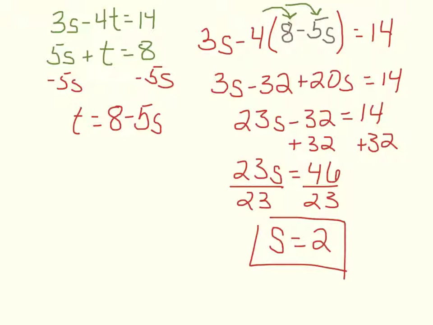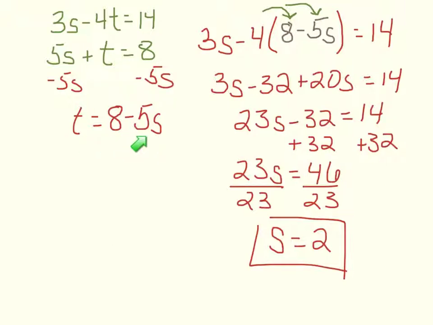The final step that you're really going to do here, because we do need to solve for both variables. We have already solved for s. We're going to come back to any of the original equations and substitute s in and then solve for t. Now I'm going to say that this is an original equation because we solved it correctly. And it's already set up nice and easy.